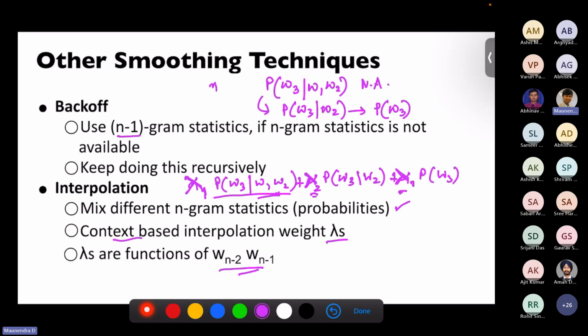What is the context? The observed gram. So this will be a function of this one. Now what function, how to do that? Again, that remains with the developer, the person who is using this. So that way also, if this probability is 0, we'll get some mass from here or here. Okay, so these are back off and interpolation, and these are actually simpler things.